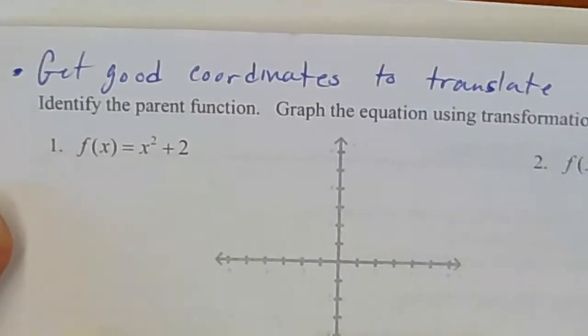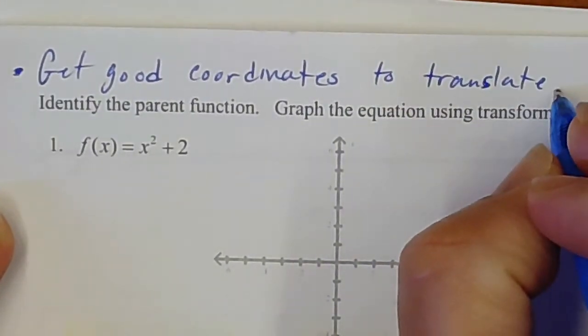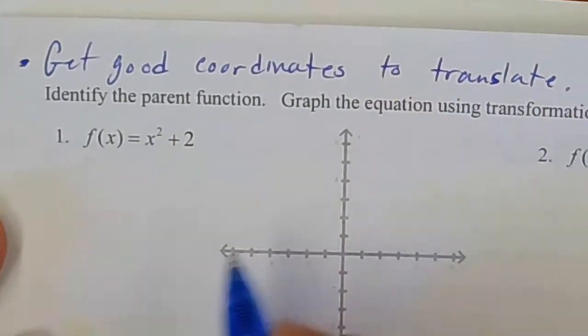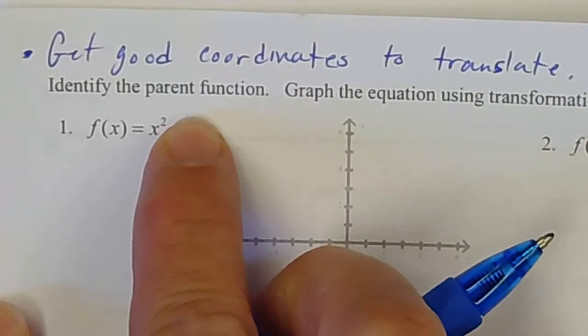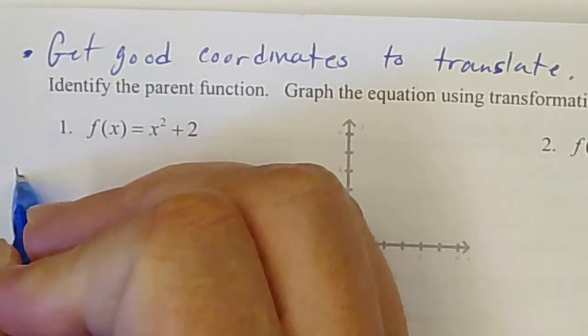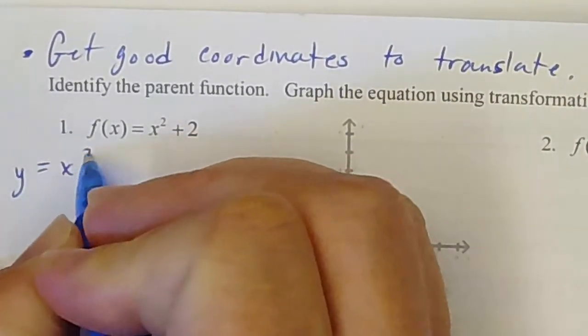So identify the parent function. If we don't have the +2 there, we just have f of x equals x squared. So the parent function is y equals x squared.